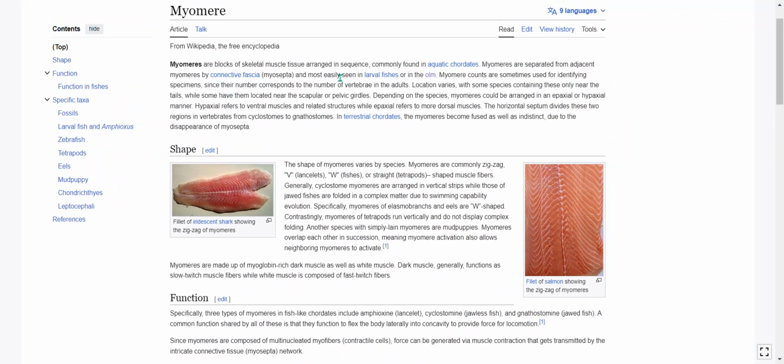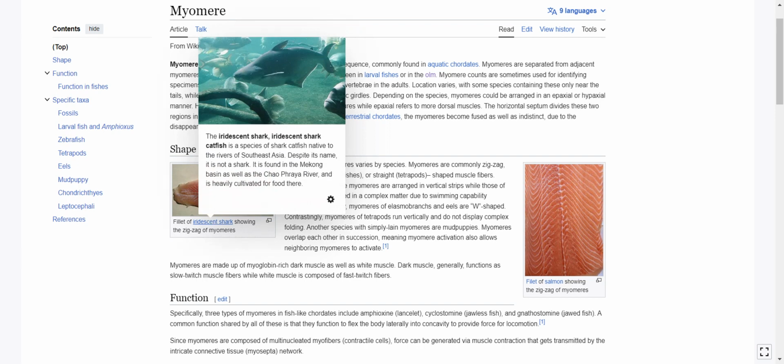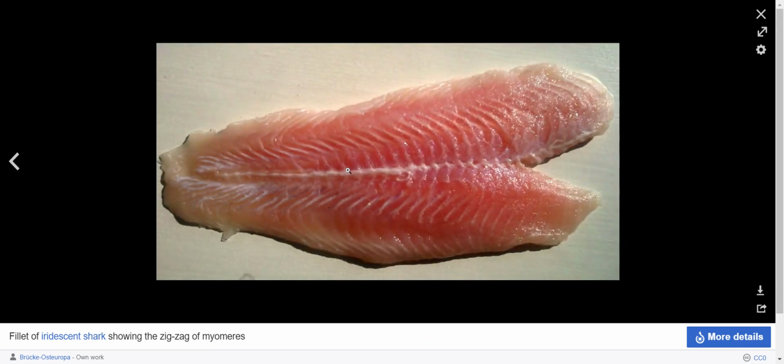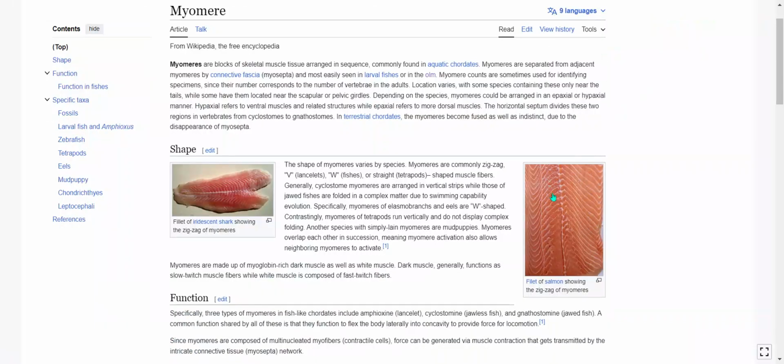Real quick, myomere, skeletal tissue, connective fascia, and we've got these pictures of fish. Nope, it's a fillet of an iridescent shark. What? Zigzag of myomeres. So is the white part there the myomere? Fillet of salmon showing zigzag of myomeres.